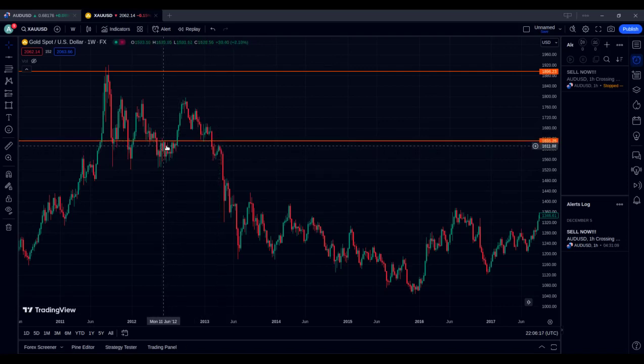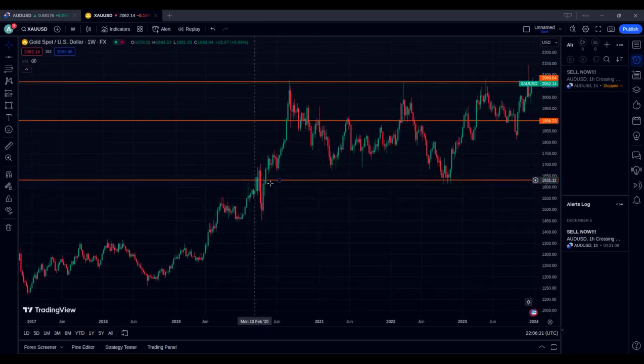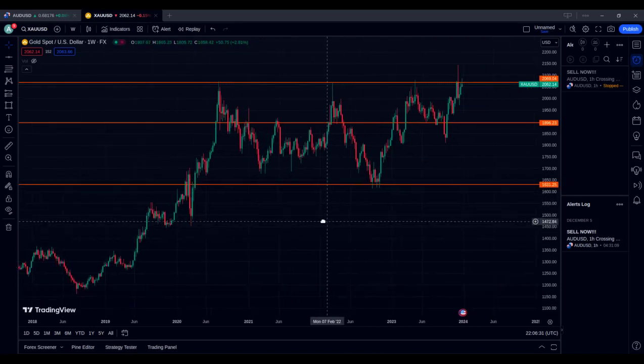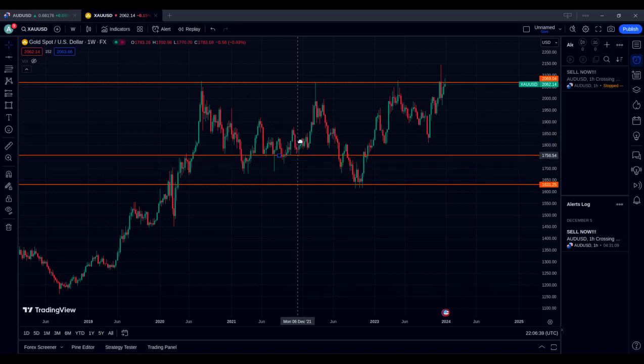That tells you the level I drew there was a valid one. If I go to a smaller time frame, it's actually a wide range that the market reacted to, so you don't leave any stone unturned. I think I should add one more.